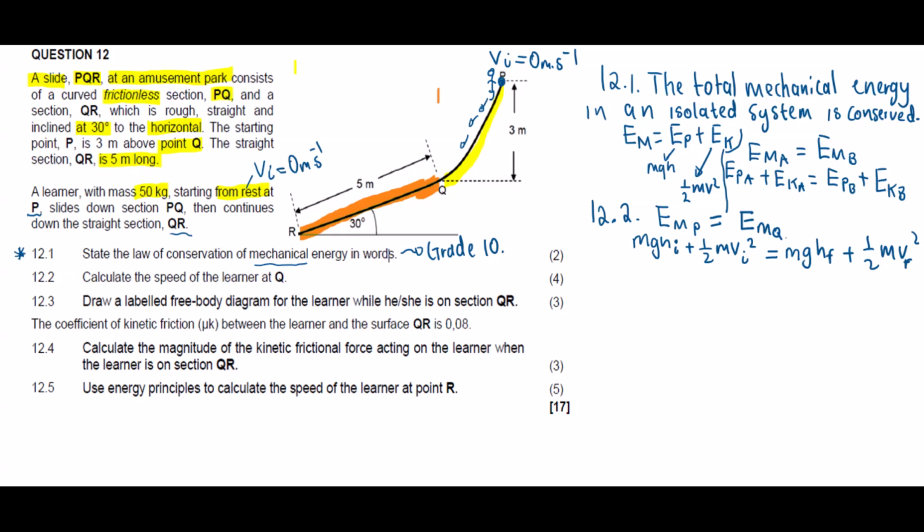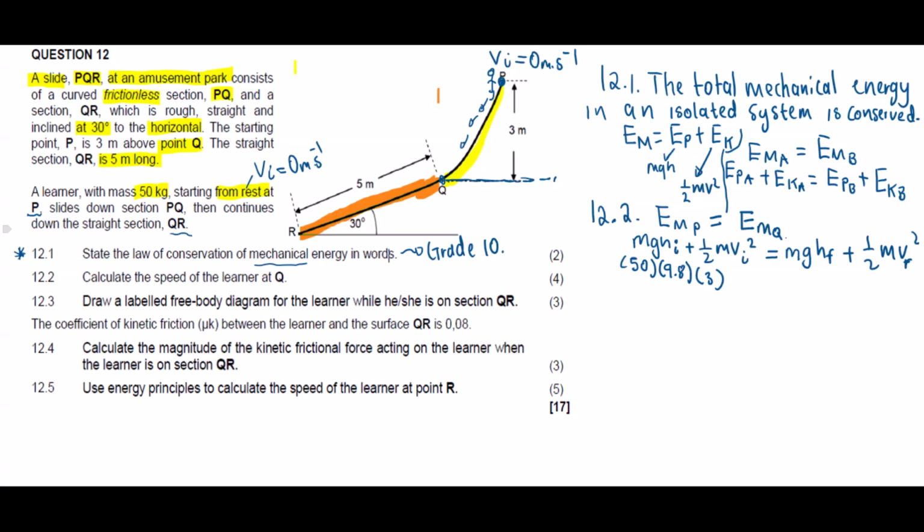Now you will notice that initially he was there at point P, right? At point P, what is happening? What is the object's mass? Object's mass is 50. What is the g? g is 9.8. And after g being 9.8, what is the height at that point? Initially, we substitute our height as 3 meters, and we are saying that this one here is our zero reference.